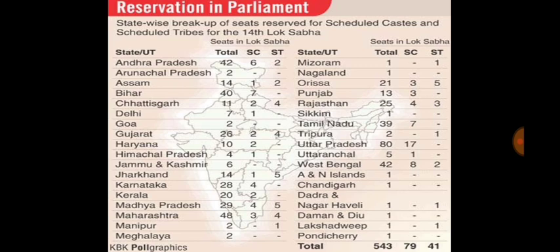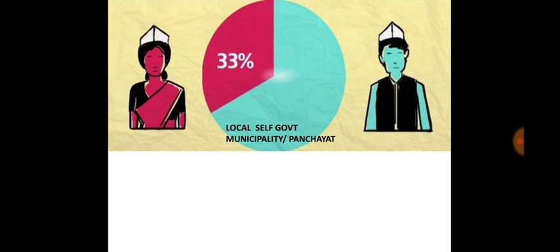This is the chart. You can see which state has how many SC or ST seats. In local self-government and panchayat, there is a 33% reservation, and different states have a different percentage given to women. In Bihar or in Madhya Pradesh, it is around 45%.